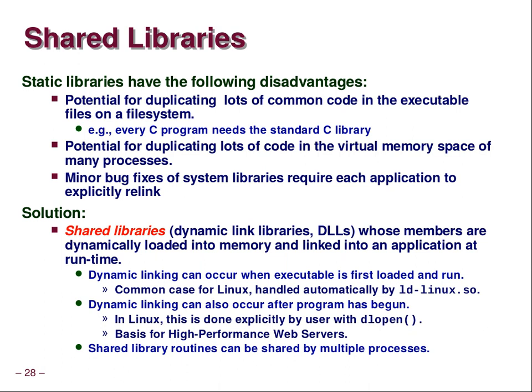Minor bug fixes to libc would require every application to recompile themselves. So instead we have something called shared libraries. These are DLLs in Windows, or .so for shared objects. And the idea is that instead of compiling in your library, you're going to tell the operating system to load the library when you run it. That's it.